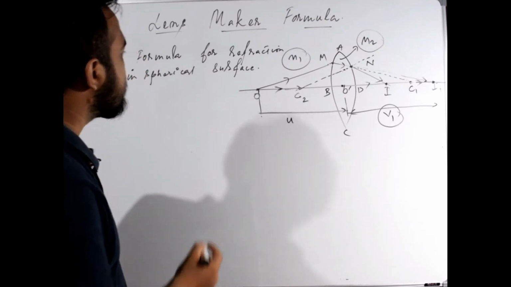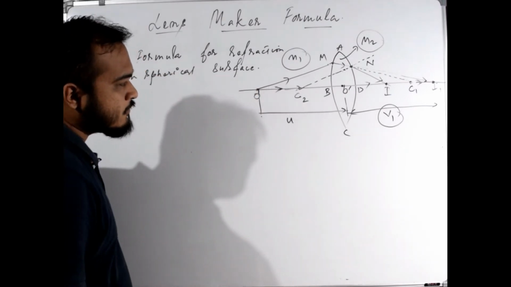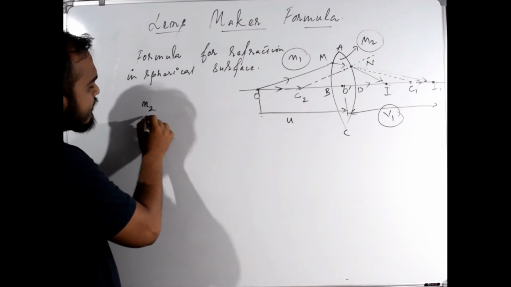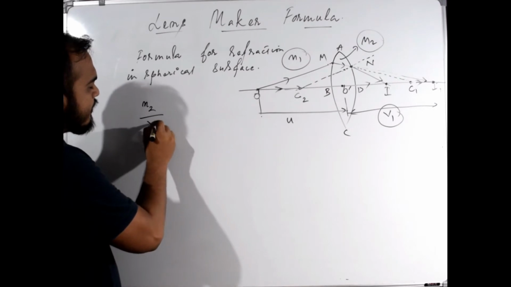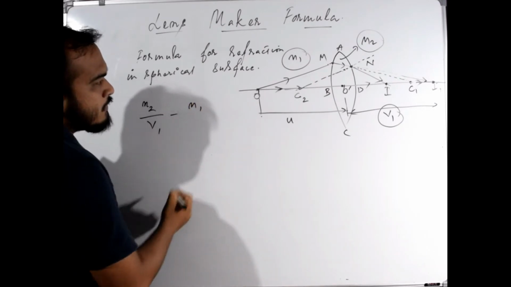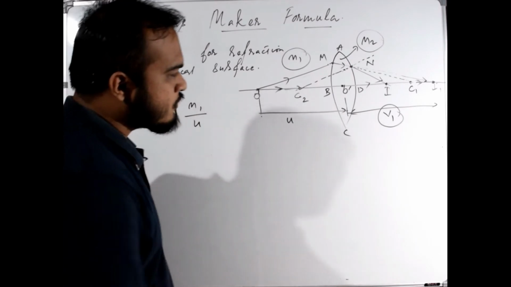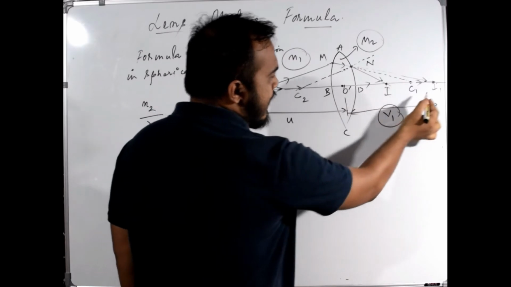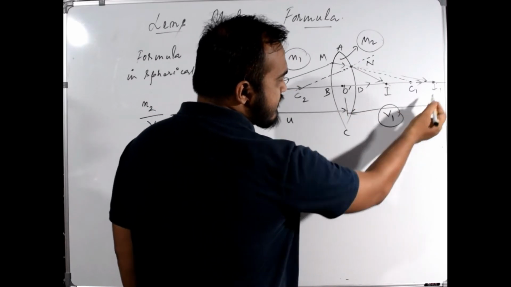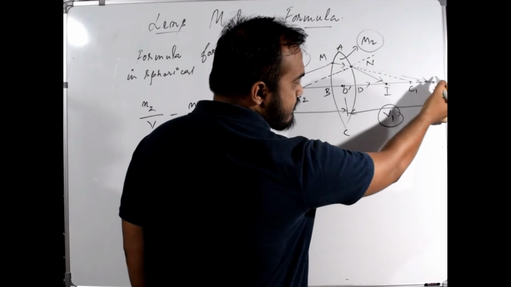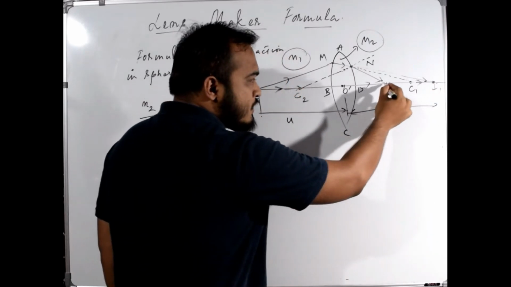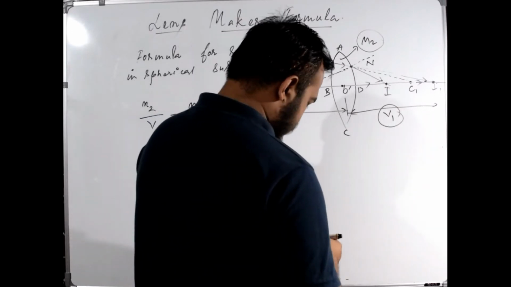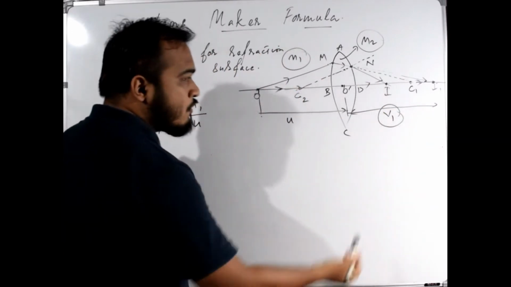So if we apply the formula for refraction in spherical surfaces, N2 divided by V1 minus N1 divided by U. Why? Because we are considering the distance of I1 from O dash as V1, since this is not the final image.